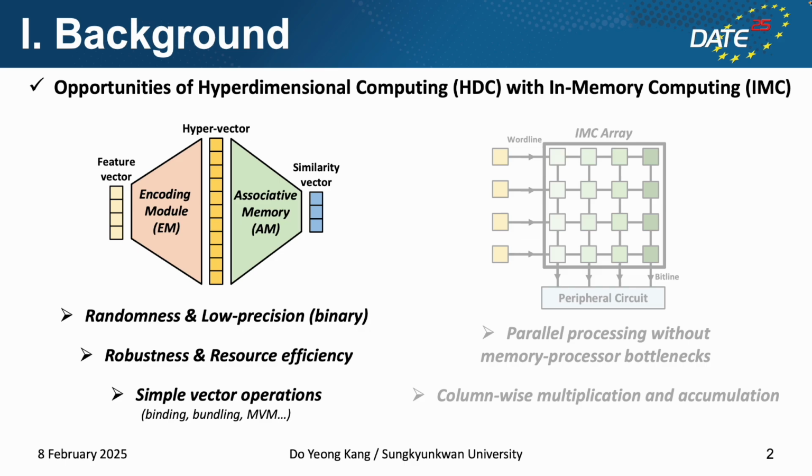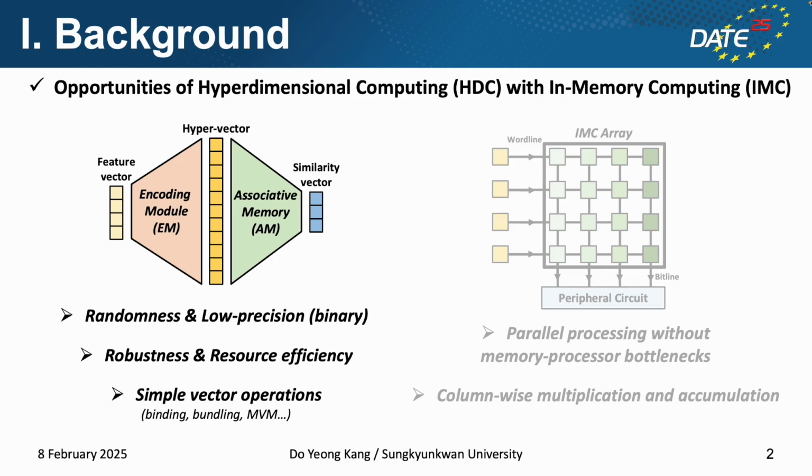First, hyperdimensional computing, HDC, is a machine learning technique inspired by how our brain processes information. It employs inherent randomness to embed inputs into high-dimensional and low-precision hypervectors, where information is evenly distributed, ensuring equal significance of all elements.